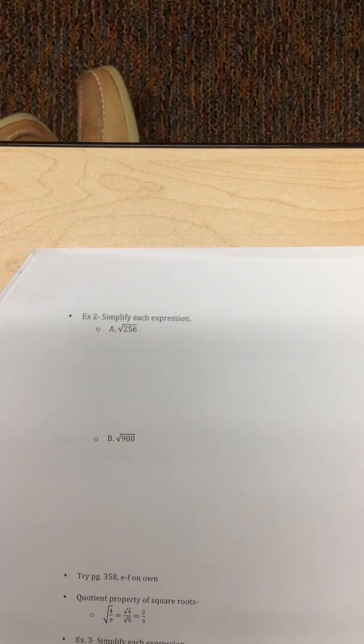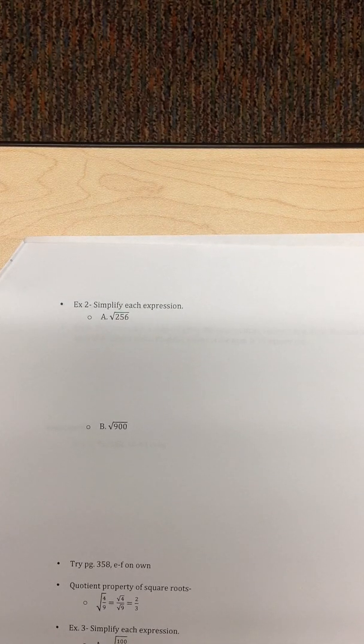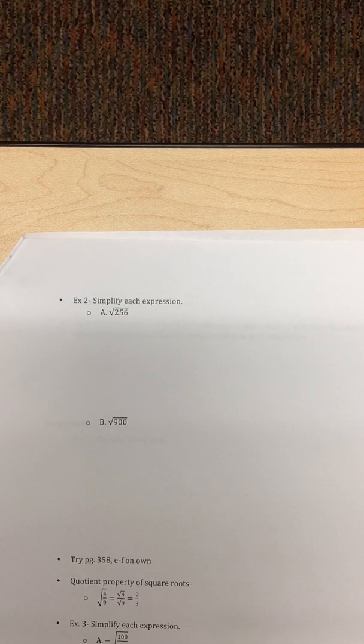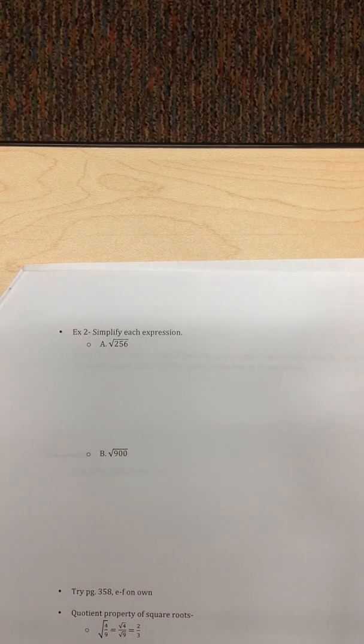So next thing here, we've got square root of 256. So what we want to do here is try to pull out perfect squares from this. Okay, so if you don't have a list of your perfect squares, it might not be a bad idea to write them.